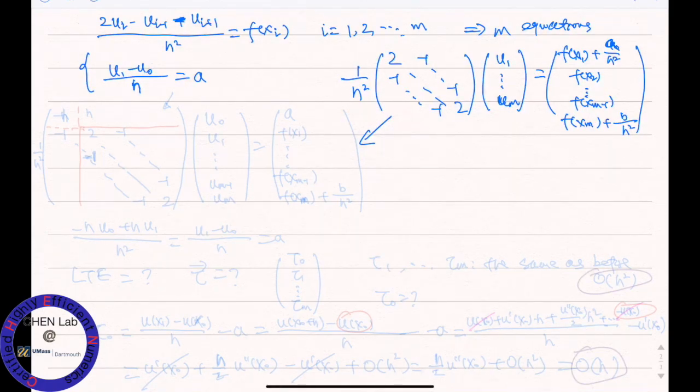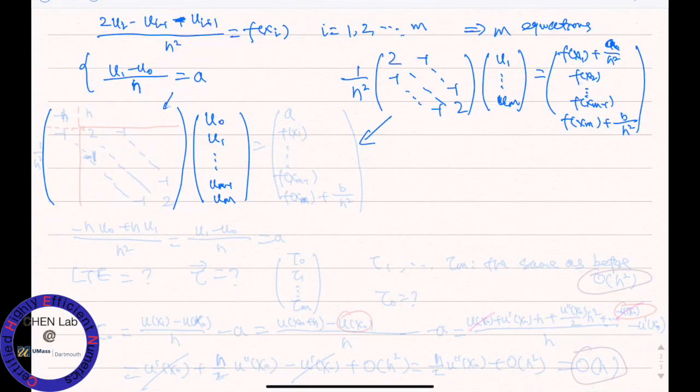Instead of u1 to um, we're going to get u0, u1, up to u_{m-1}, and then um. And the first row should give you this equation.